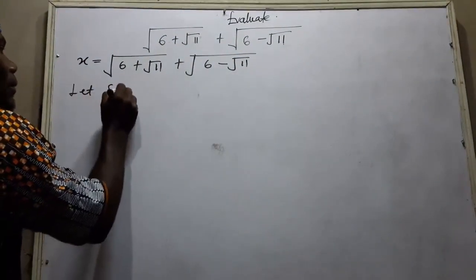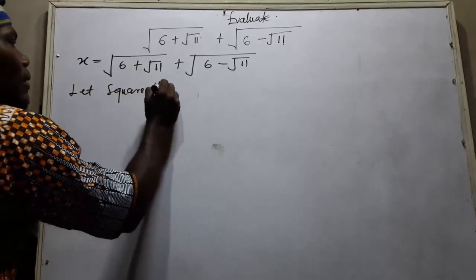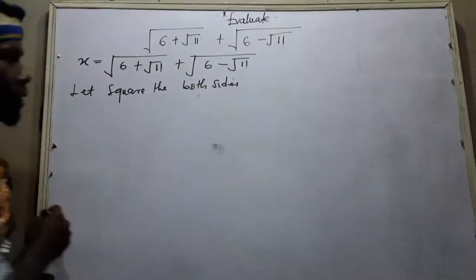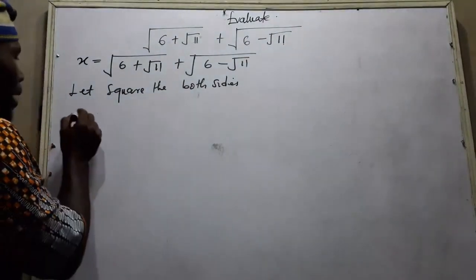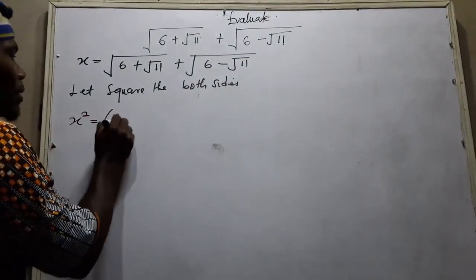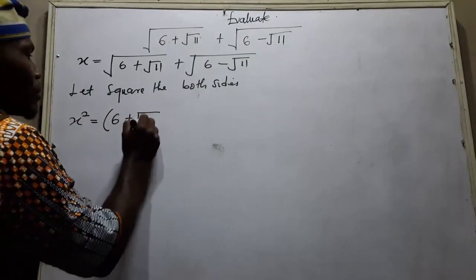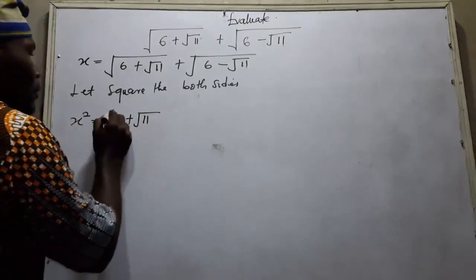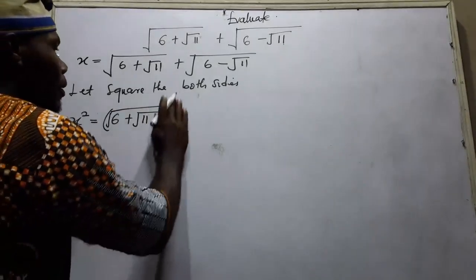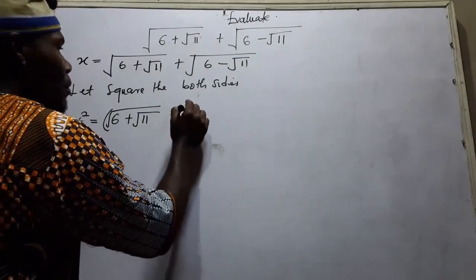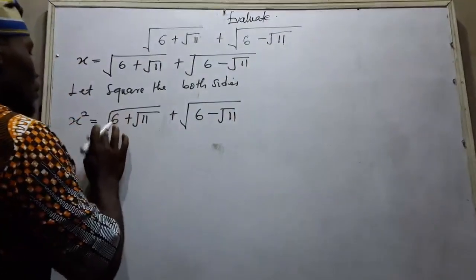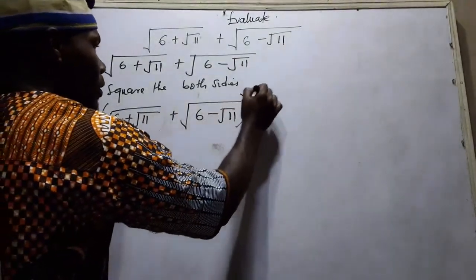So in squaring both sides, we have x squared is equal to root 6 plus root 11 plus root 6 minus root 11, whole square.